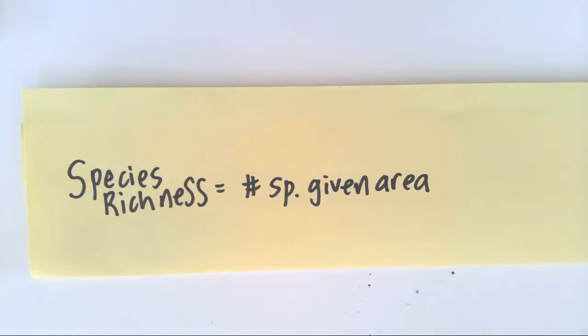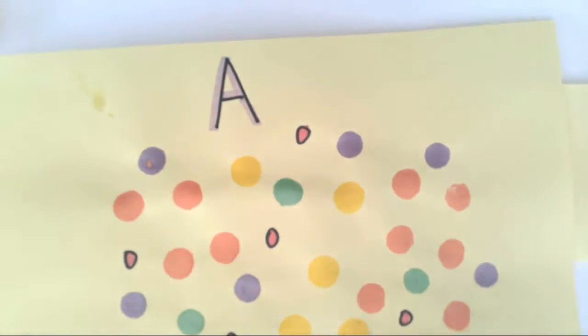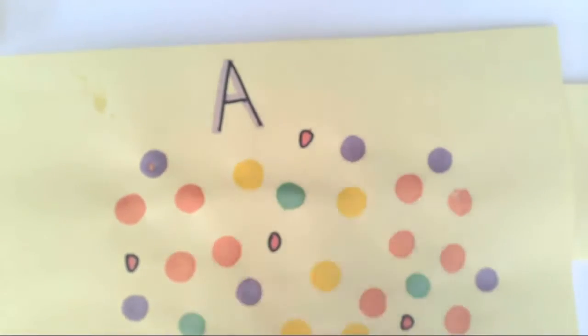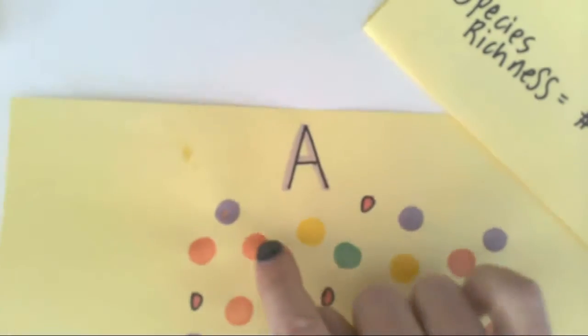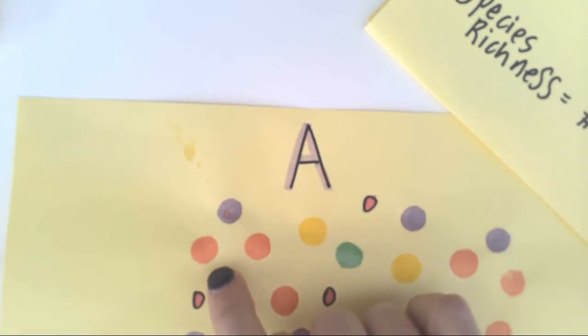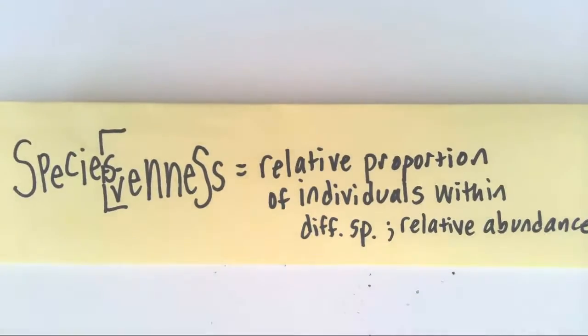And generally, scientists would then count the number of each of those, and then they would relate those numbers to each other, okay? And when they relate those numbers to each other, like the amount of purples compared to the amount of pinks, they look at the proportion of those to each other. And that is called species evenness. So this is the relative abundance of a species in an ecosystem or an area of study.